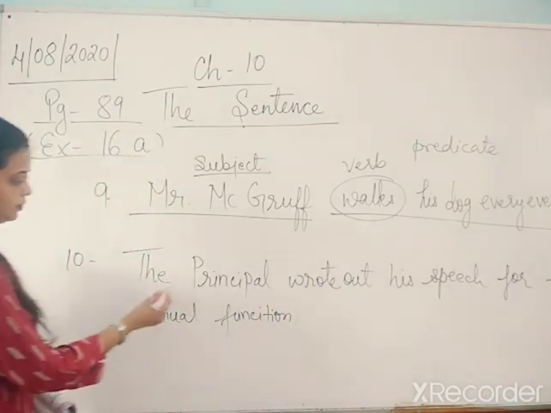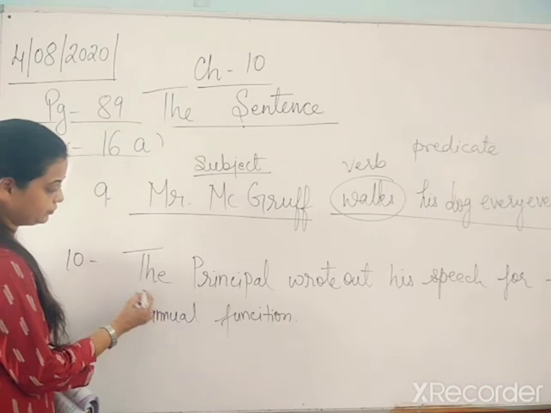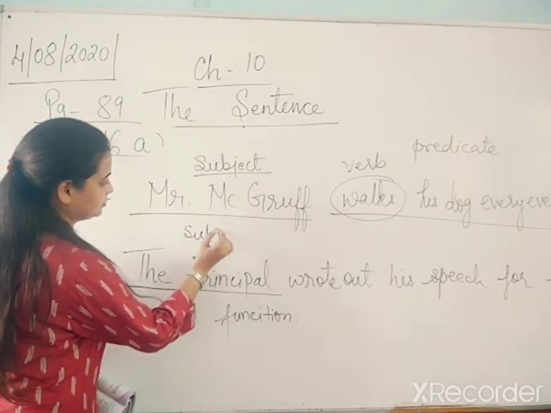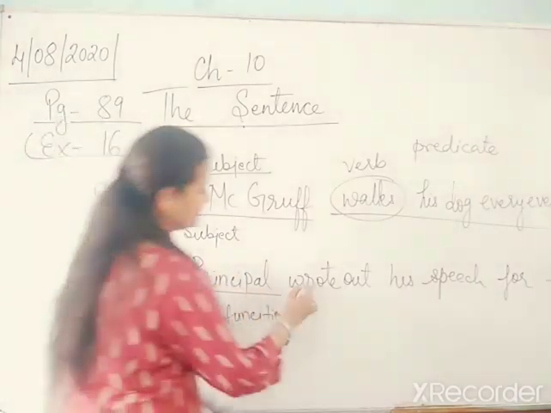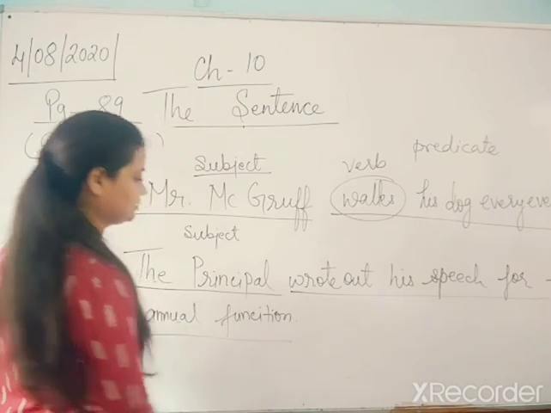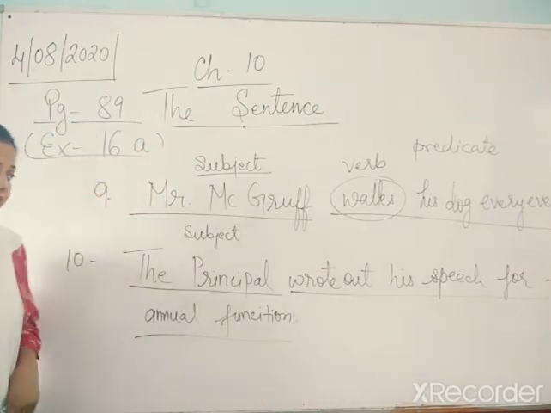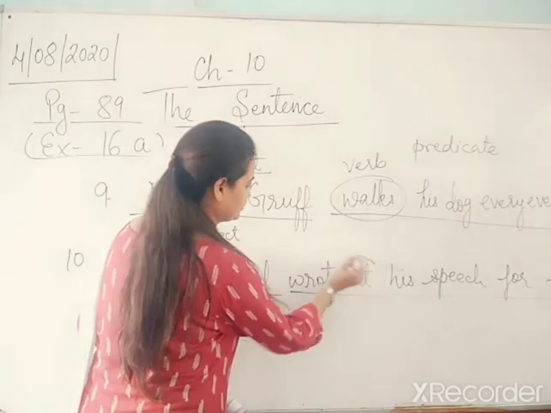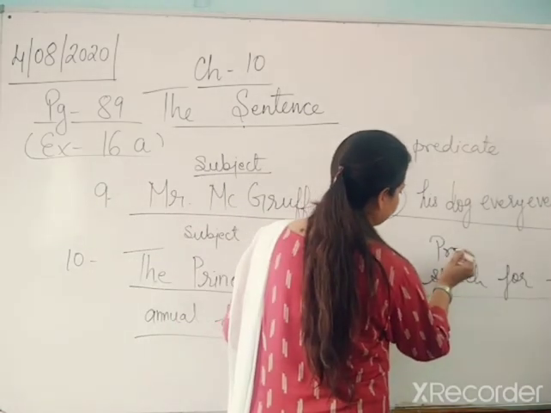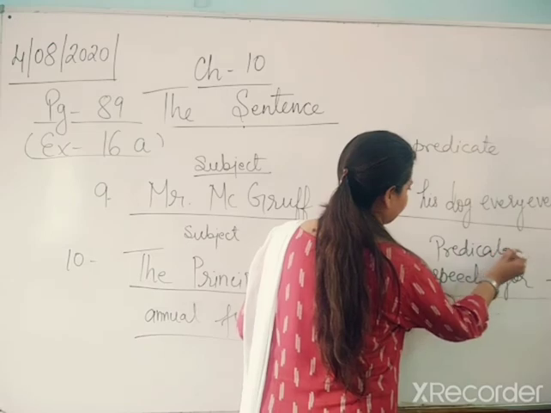So again, I hope that's clear to all of you, and you're getting it that the principal is your subject. The rest of the sentence is your predicate. Okay? And now, where is the verb? Wrote out is your verb.